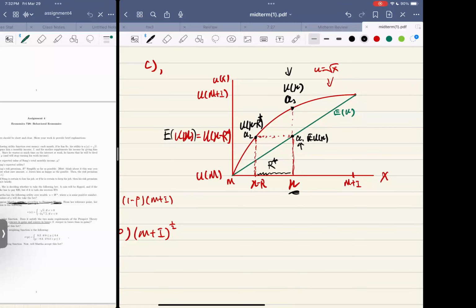And we have this A2, which is the utility of 100% certainty of mu minus the maximum willingness to pay. Does it make sense? Because these two points line up on this red graph. The red is 100% certainty, your utility of 100% certainty. So the EU is the probabilistic model.